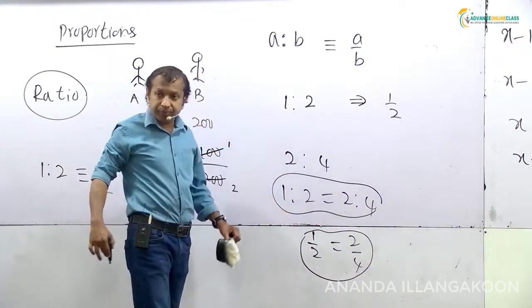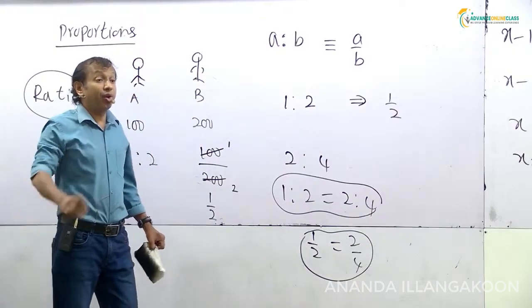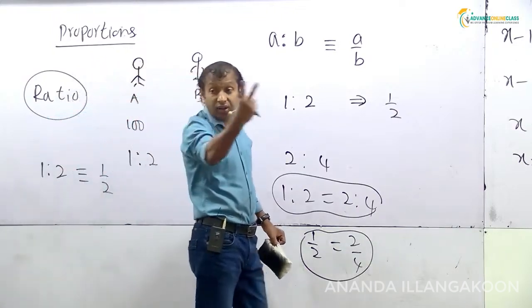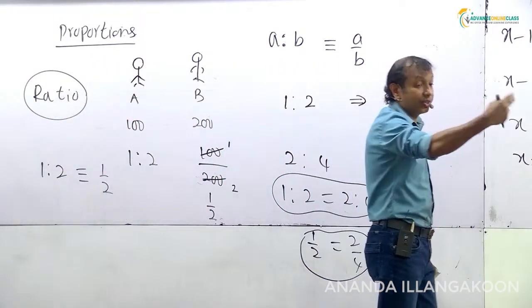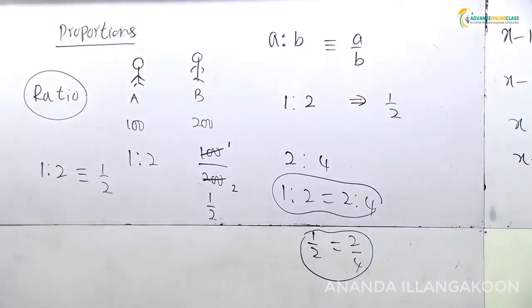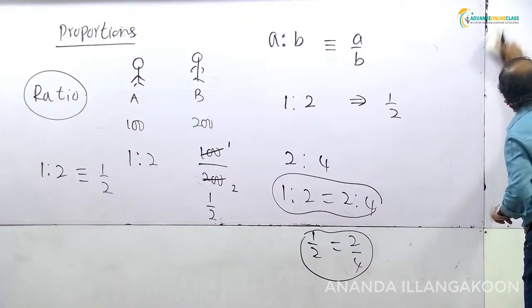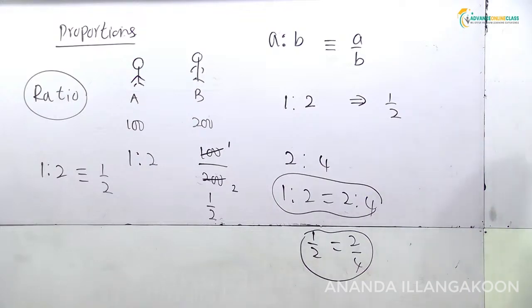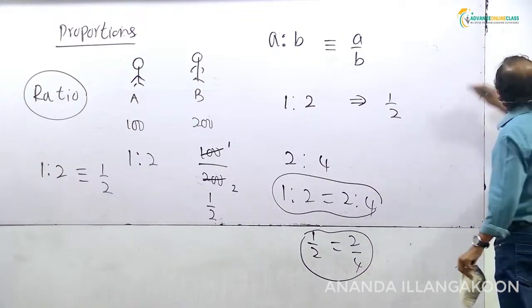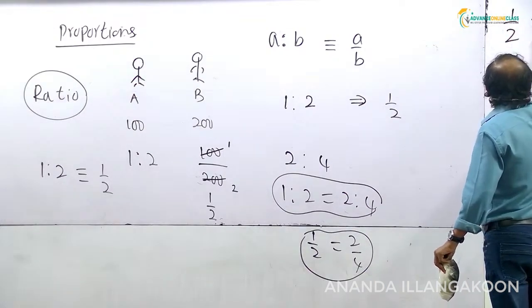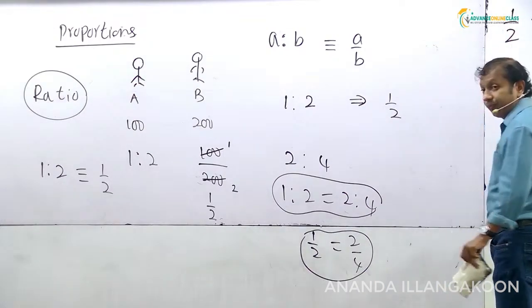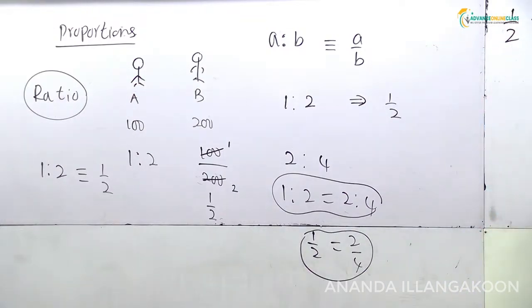Therefore, simply, the meaning of proportion is two equal ratios or two equal fractions. Right? In this way, when we have a proportion, see the same thing: half is equal to 2 by 4. In this proportion, people, there are some important points.